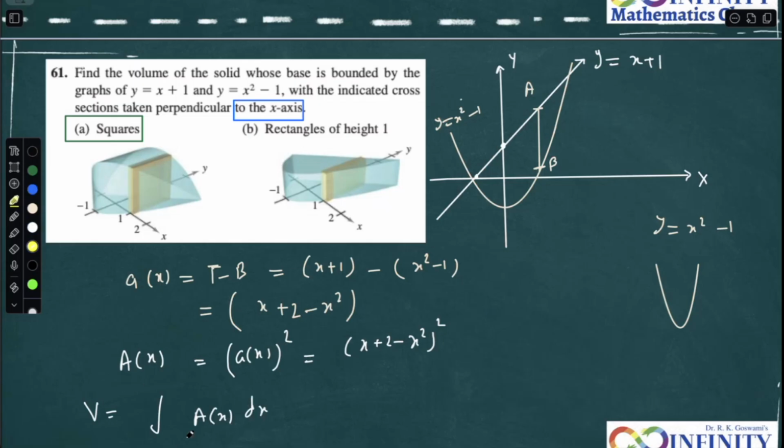But till now, I do not have the limits of x, right? If I can get the limits of x, I can solve this question easily. Question, how should I obtain the limits? The task is simple there. These are going to be the values of x where both curves intersect. So I should get the points of intersection.